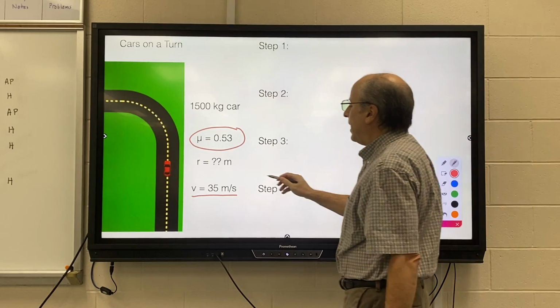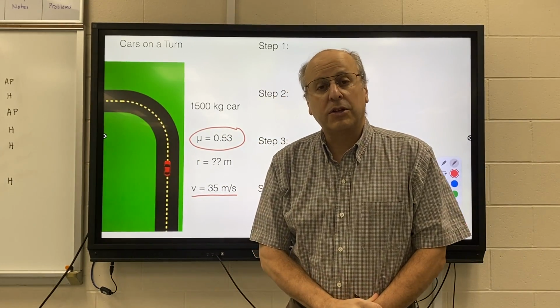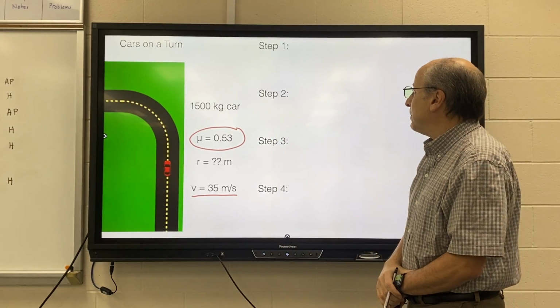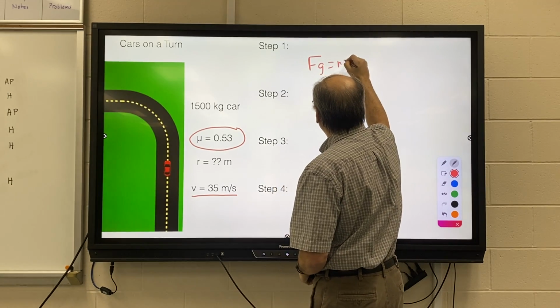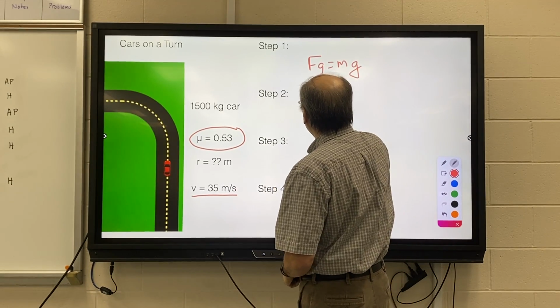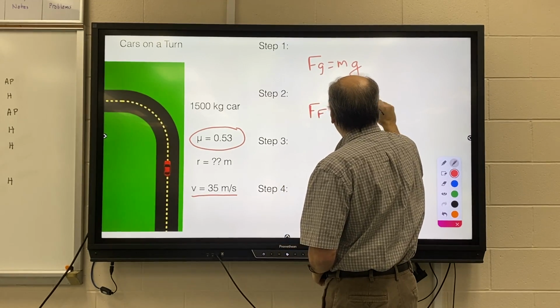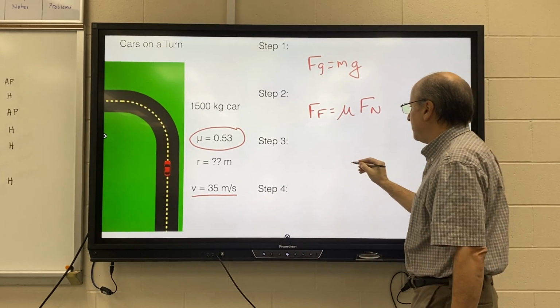We want to find what is the sharpest turn that we can put in our roadway so that you never have to put up one of those little yellow signs to have people slow down. So your first step is the same as before. Second step, same as before. Your third step, same as before.